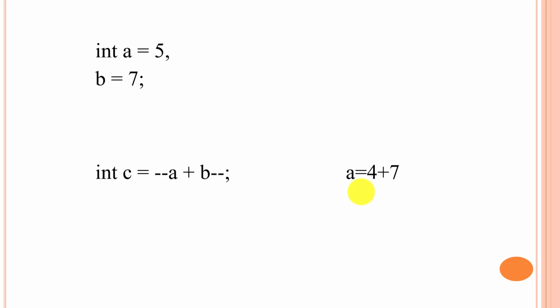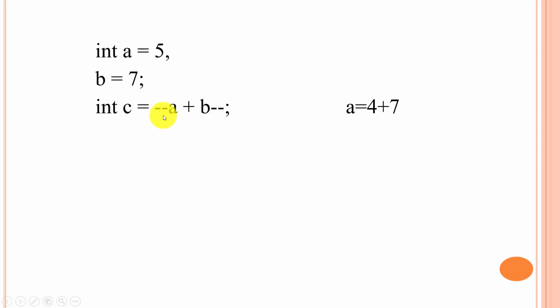Now let's consider one more example. a is equal to 5, b is equal to 7, and int c is equal to minus minus a plus b minus minus, printf %d c. Now let's solve this expression c is equal to minus minus a plus b minus minus. Now we know that minus minus a is prefix decrement.